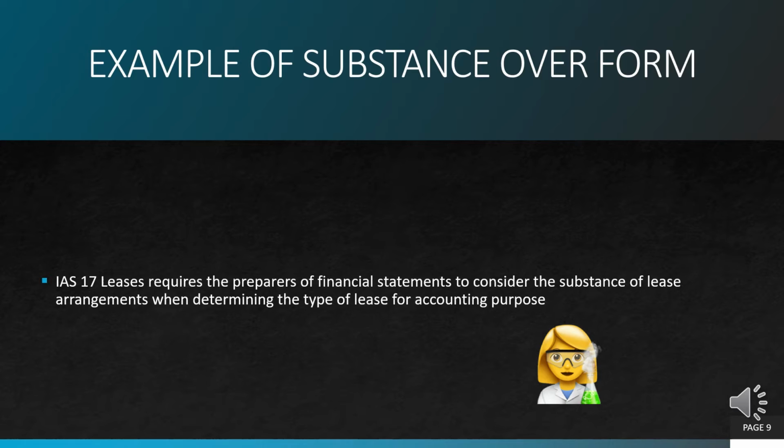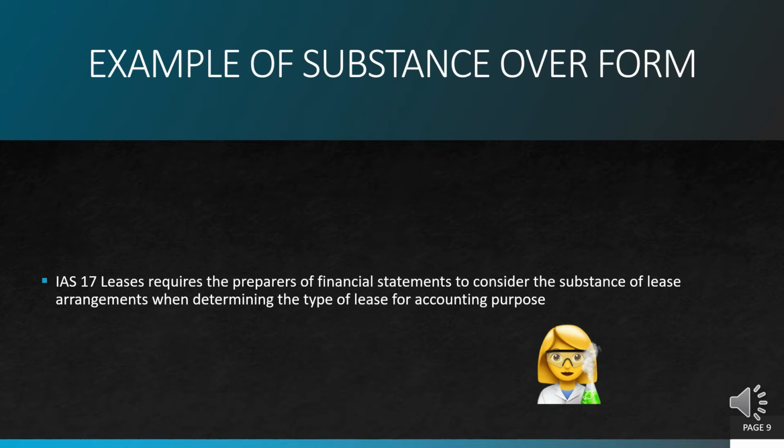For example, IAS 17 Leases requires the preparers of financial statements to consider the substance of lease arrangements when determining the type of lease for accounting purposes. For instance, an asset may be leased to lessees without the transfer of legal title at the end of the lease term.